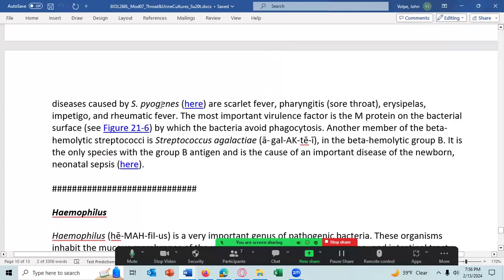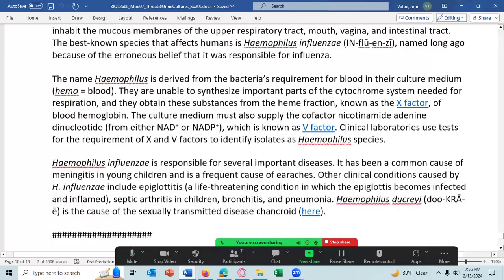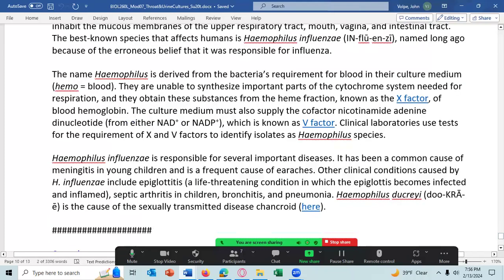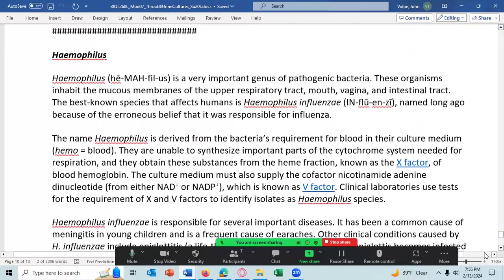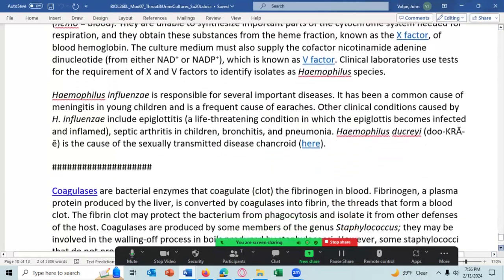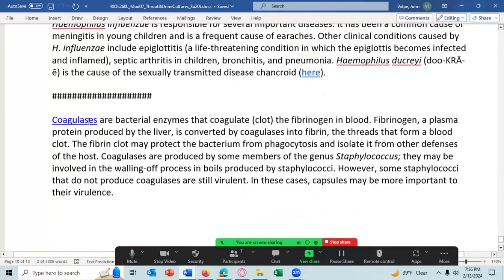But before antibiotics, scarlet fever and rheumatic fever were very common infections, even in a first world country such as the United States. All right, we have a little discussion of Haemophilus influenzae. And then lastly, we discussed a little bit about the coagulase test.